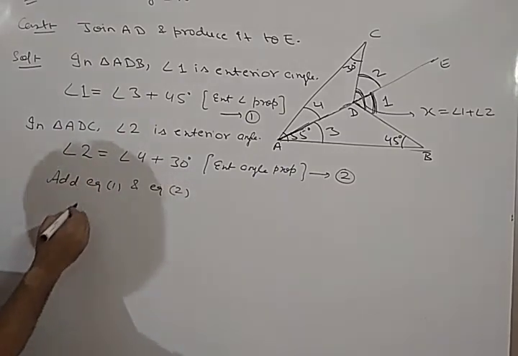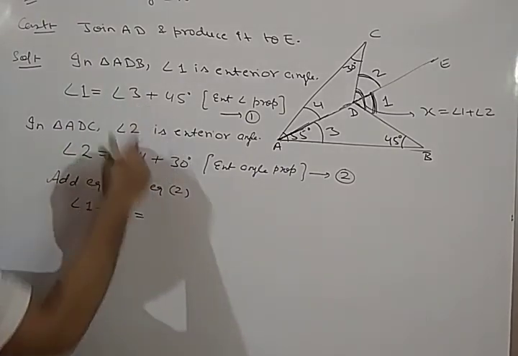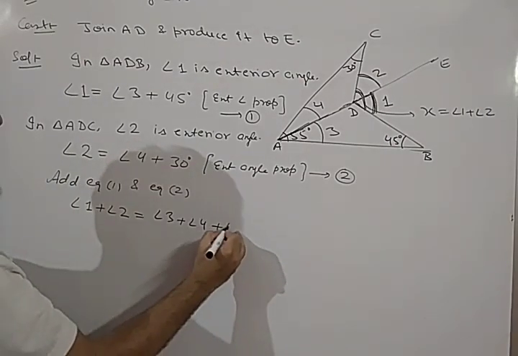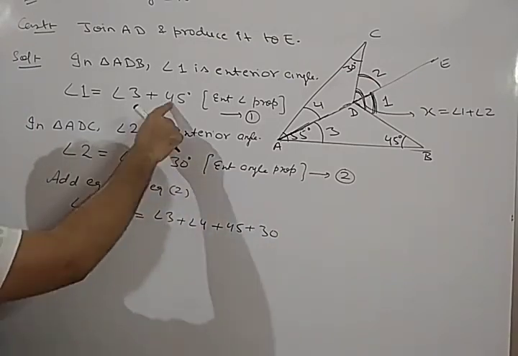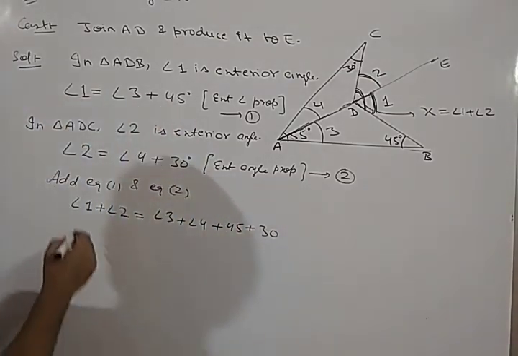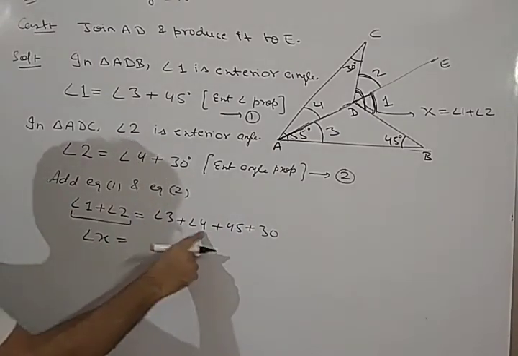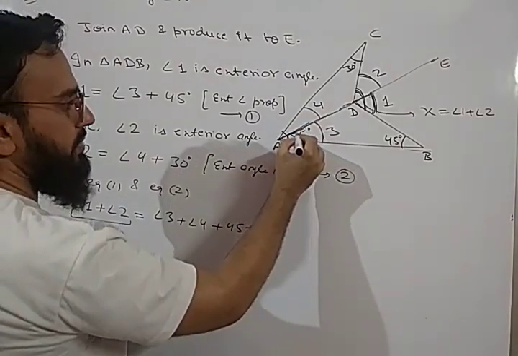Then what will we get? Angle 1 plus angle 2 is equal to angle 3 plus angle 4 plus 45 plus 30. We have added these two equations. Now angle 1 plus angle 2 will be equal to angle x. What is angle 3 plus angle 4? This total angle is 55 degree.